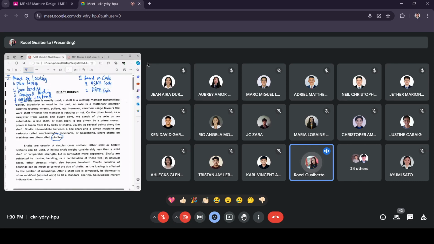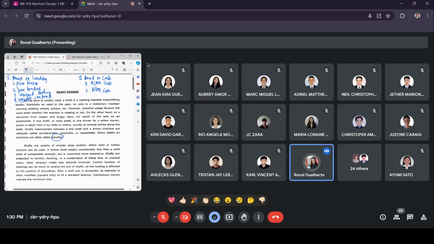ASME is American Society of Mechanical Engineers. PSME is Philippine Society of Mechanical Engineers. These two devised a procedure on how you would design for the shaft.